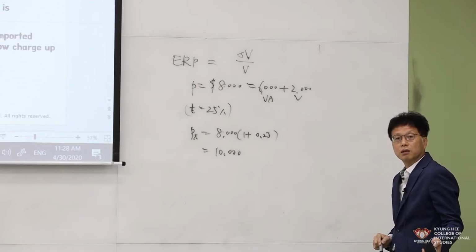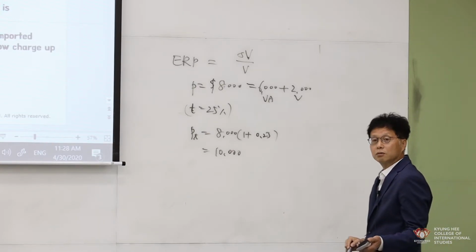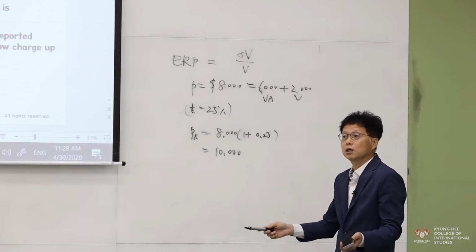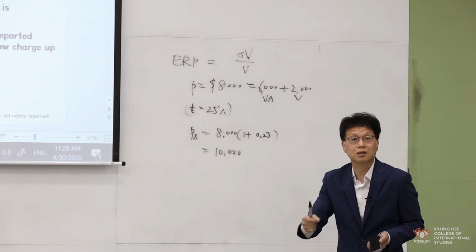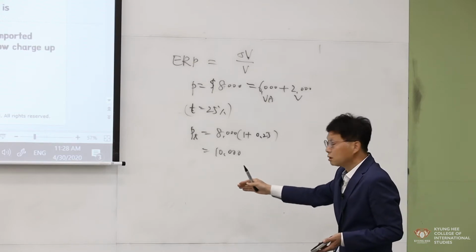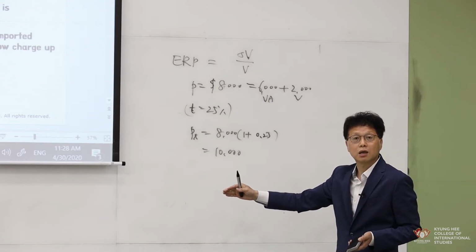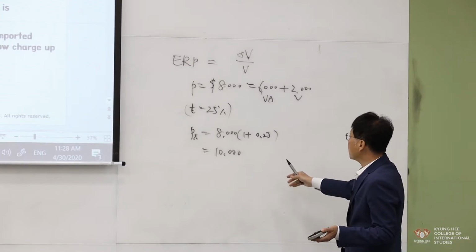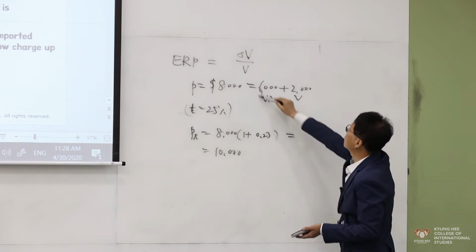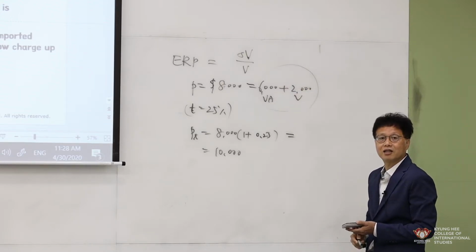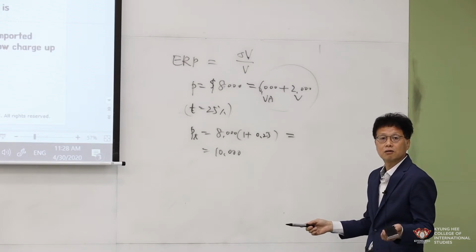After imposition of the tariff, the importing price of a car is $10,000. In other words, domestic producers can sell their car at $10,000 after imposition of the tariff. Then this $10,000 also consists of two parts, value added and the others.